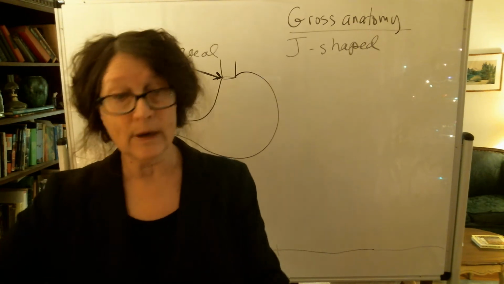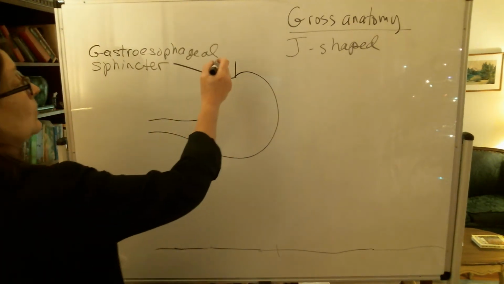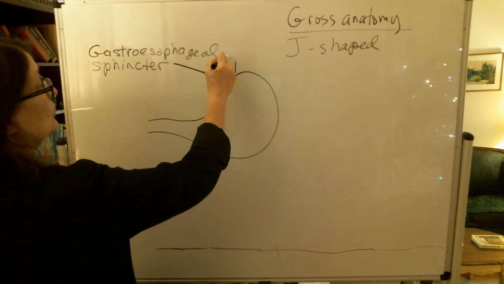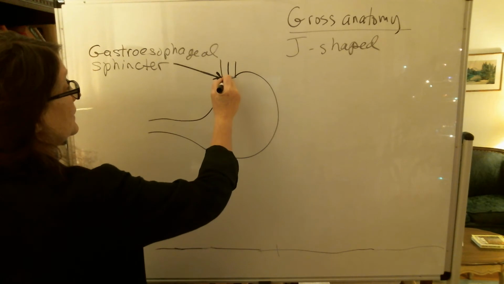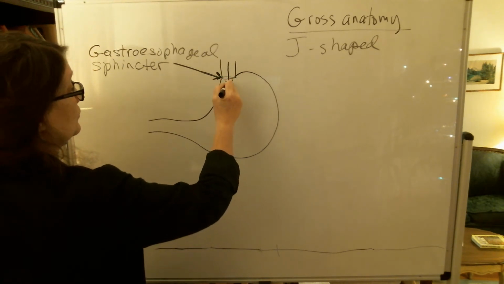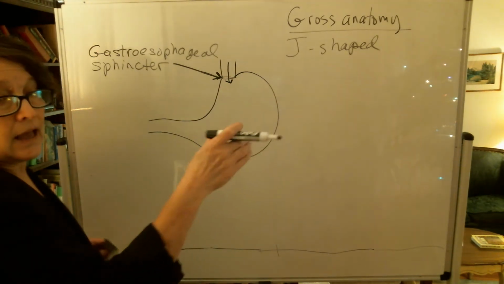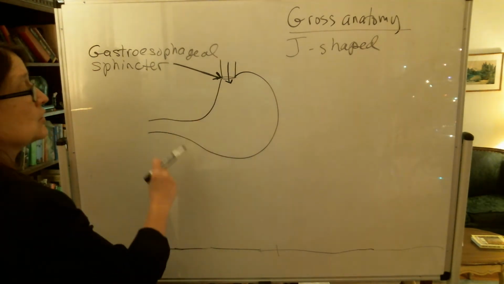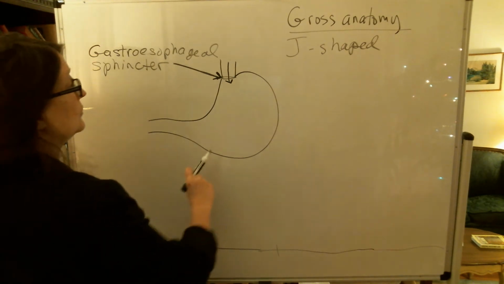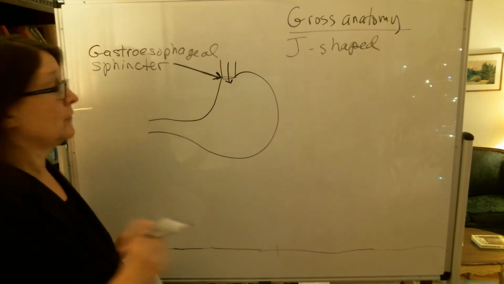But anyway, here we have the gastroesophageal sphincter, which means that when food goes through the esophagus, here we have the end of the esophagus, it passes through that sphincter, through that opening into the stomach, and when things go well, then that opening closes so that you do not wind up having food going back up into the esophagus. Unfortunately, this is far from a perfect system.